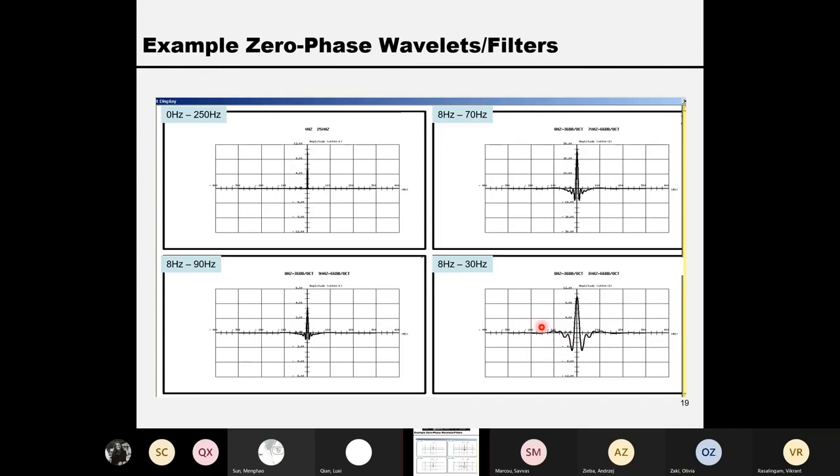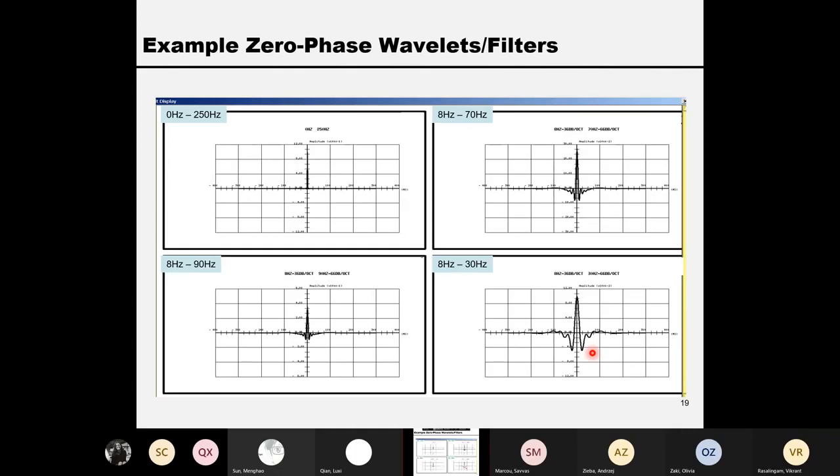One of the seismic sources we learned is vibe seismic, if we remember. The vibe seismic actually is the correlation between the sweep and the recorded signal, right? So the ideal wavelet is a zero phase wavelet for the typical vibroseis signal, right?